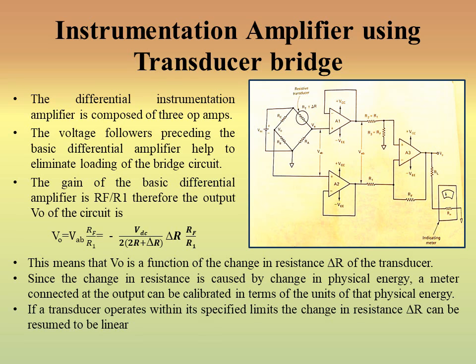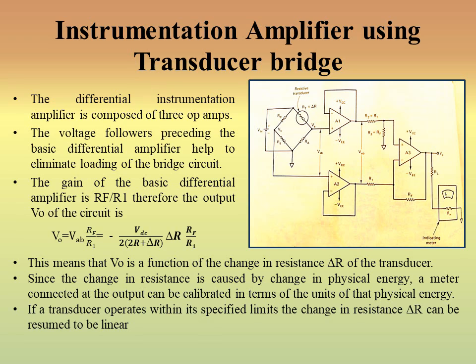Then we can directly measure the changes in the physical energy. Suppose the physical quantity being tracked is the temperature. The temperature causes a change in resistance, so that introduces delta R. This delta R produces VAB. This VAB gives rise to V naught, and this V naught drives the meter.